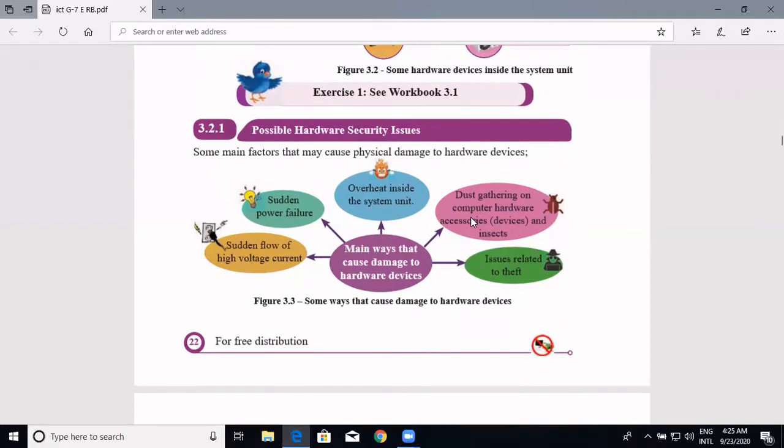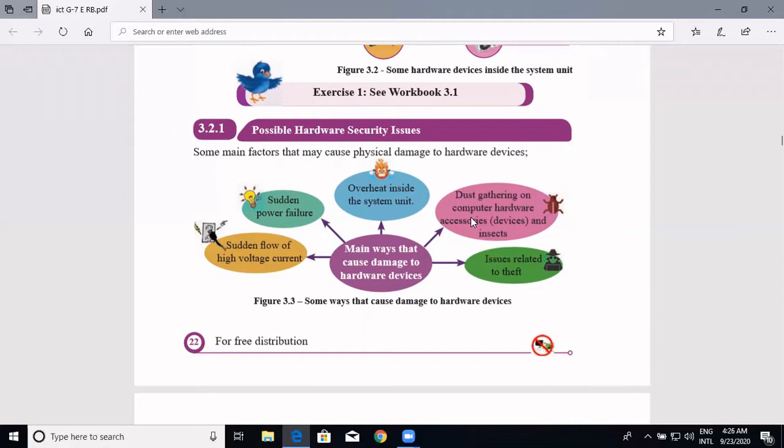Similarly, suddenly there can be a power failure. So we should properly shut down the computer. If there's a sudden power failure, the computer will suddenly close off, and it's not good, especially for the hard disk. So those kinds of issues can be there.